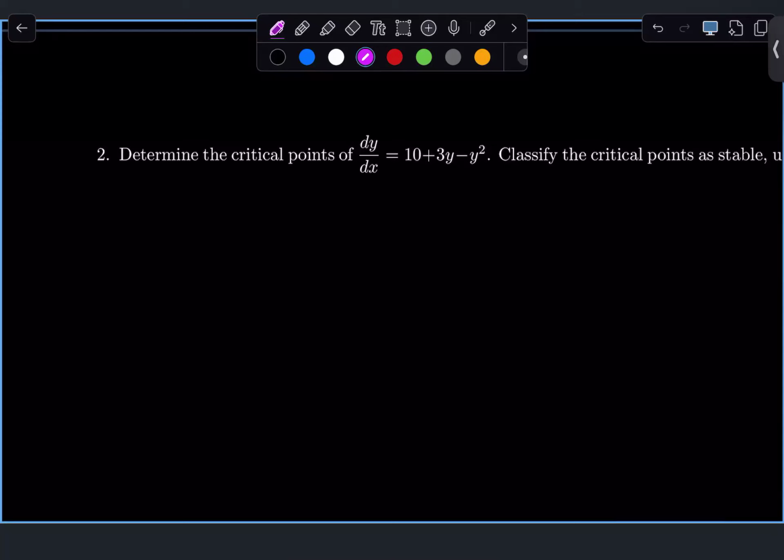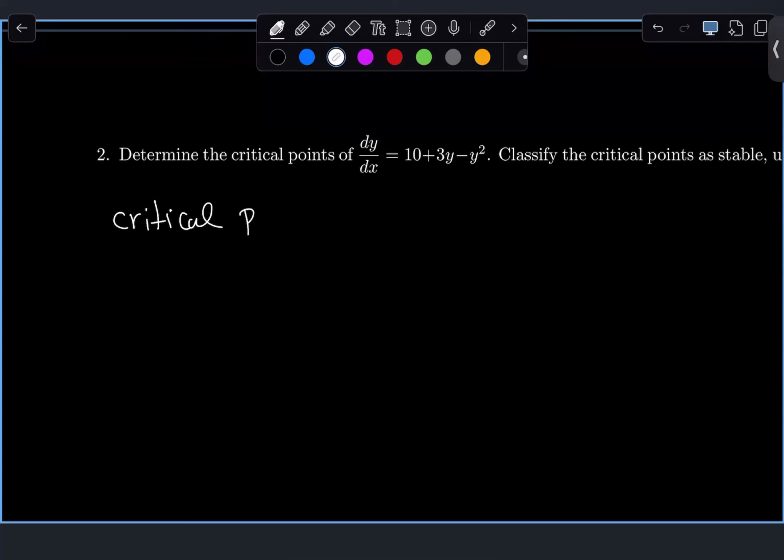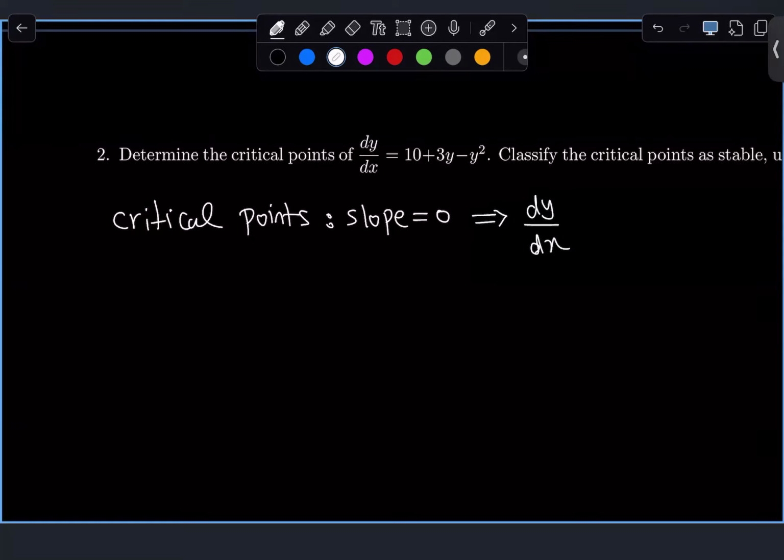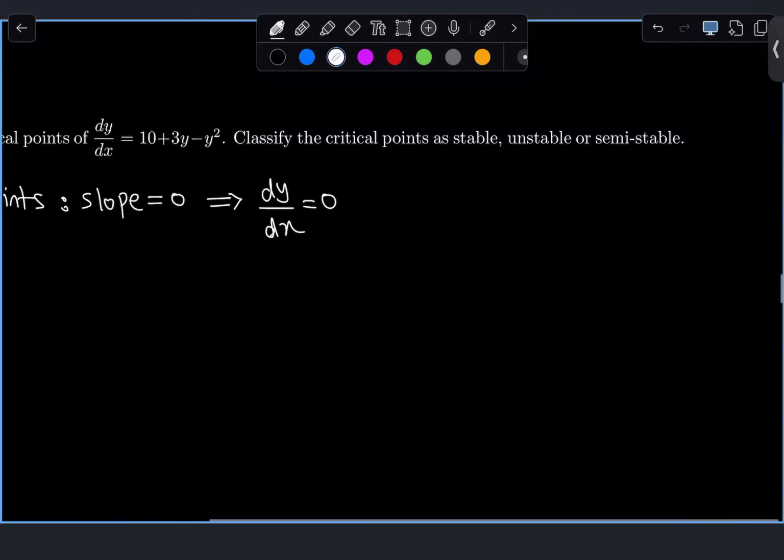Okay. So how do we do that? How do you find critical points? The slope has to be 0, right? Which means dy/dx is 0. So set the slope equal to 0, find the points.